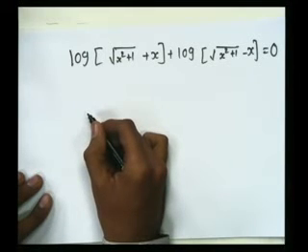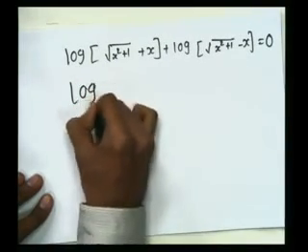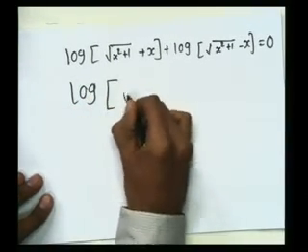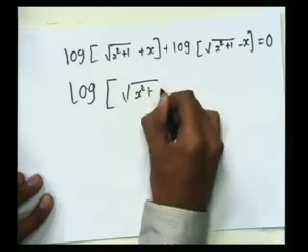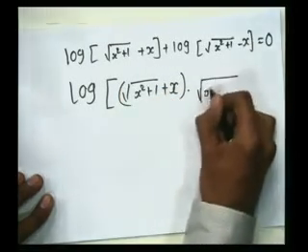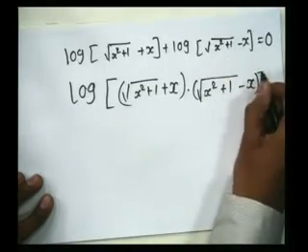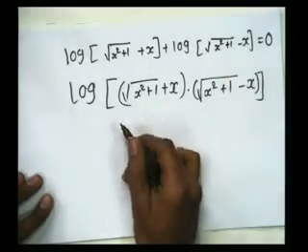We know that log a plus log b is log of a into b, addition goes to multiplication. So we can write log of root x square plus 1 plus x into root x square plus 1 minus x.